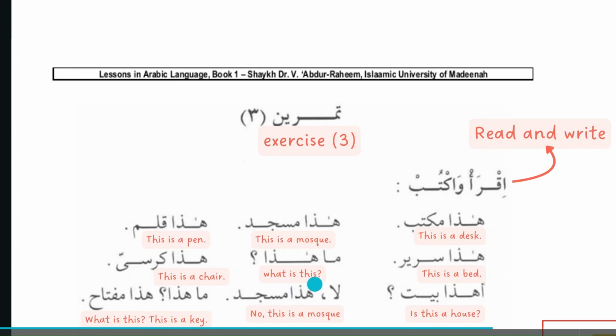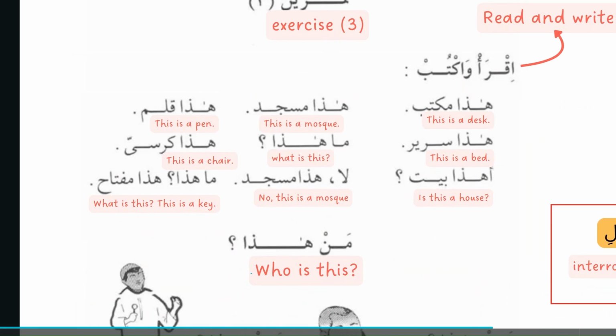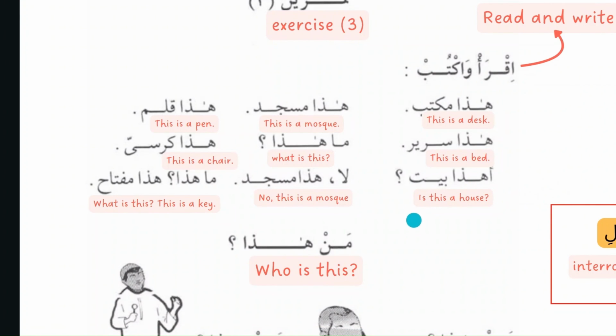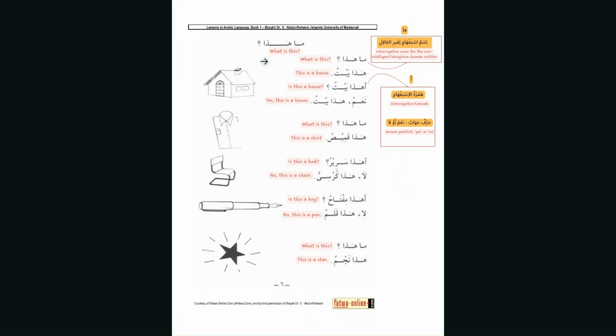What is this? Hadha kursiyun. This is a chair. Ahadha baytun? Is this a house? La. Hadha masjidun. No, this is a mosque. Ma hadha? Hadha miftahun. What is this? This is a key. That's all for today.